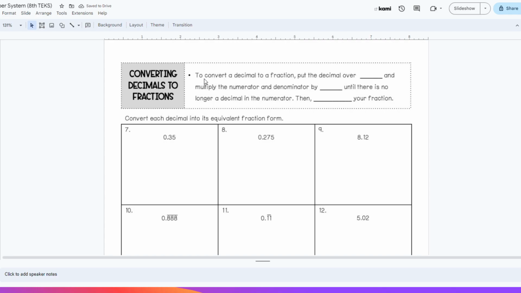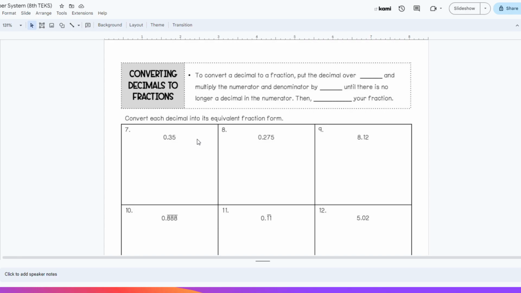The next part of this is to convert decimals to fractions. So to convert a decimal to a fraction, put the decimal over that place value that it's at. So remember how decimal place values work. It's tenths, hundredths, thousandths. It always goes up by a multiple of 10.